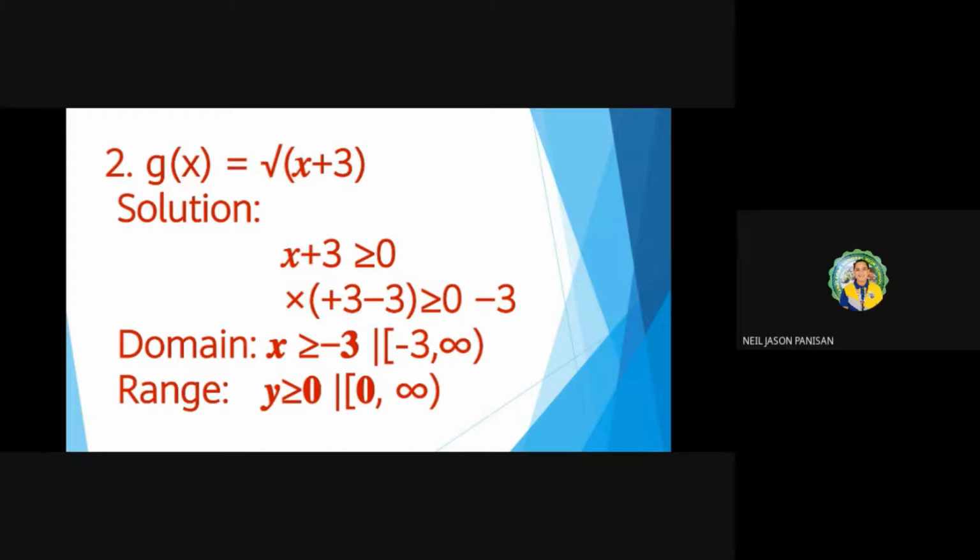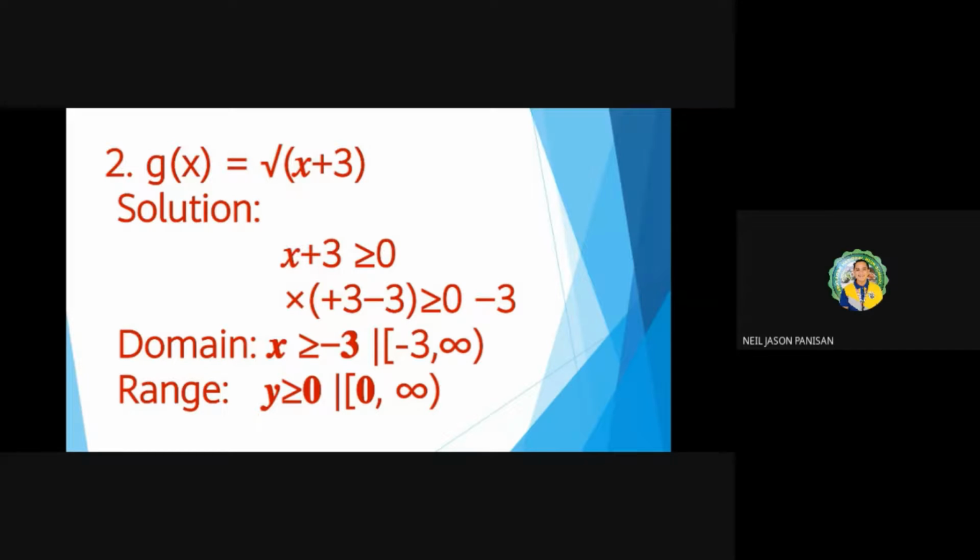Meaning, if we will try to use numbers from our domain greater than or equal to -3, we can get the range of our function, which is g of x is equal to the square root of x plus 3.